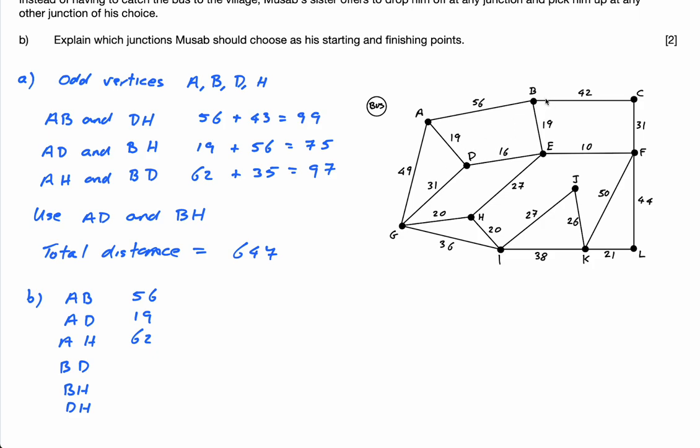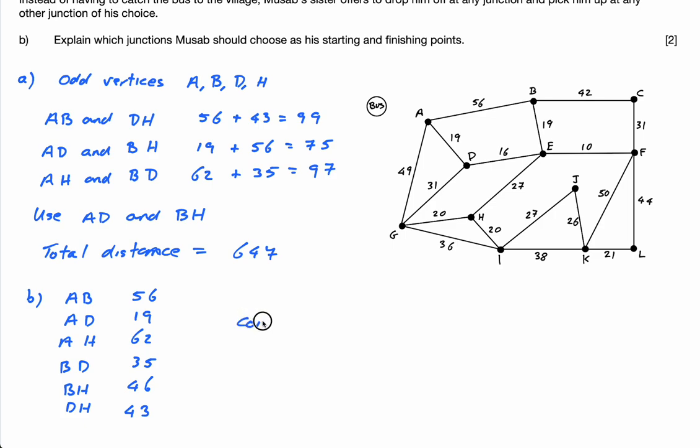My BD is 35. My BH is 19 plus 27 is 46. And my DH is 43. So this one is the smallest.